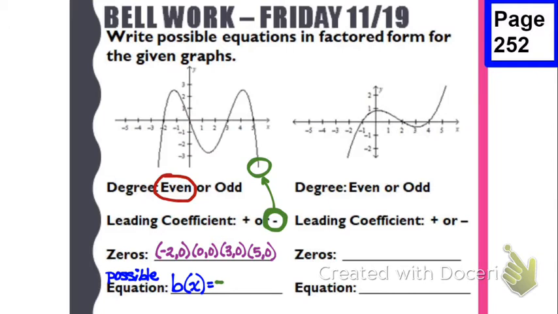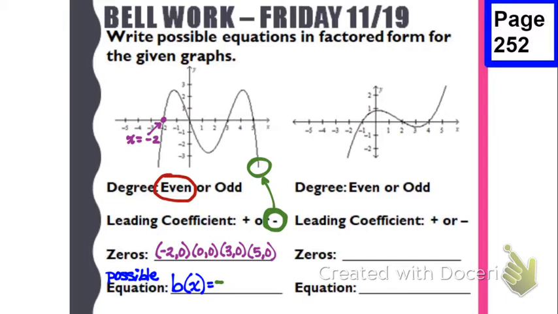And now I need to do my factors. I have some zeros. How do I take it from being a zero, like here, x equals negative 2, and turn it into a factor? I need to make it equal to 0.